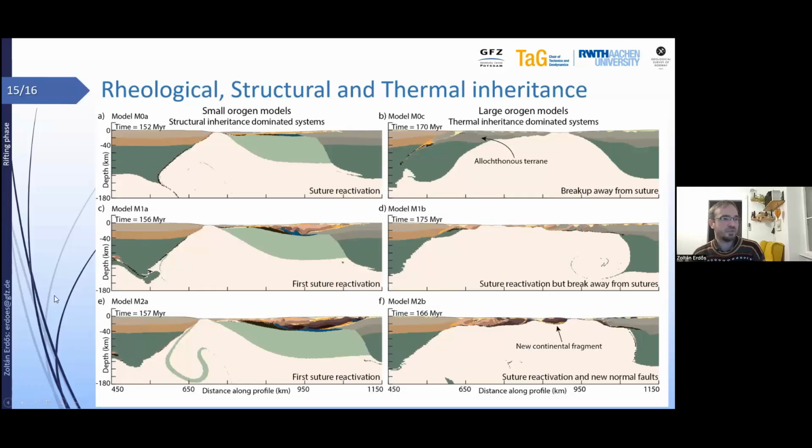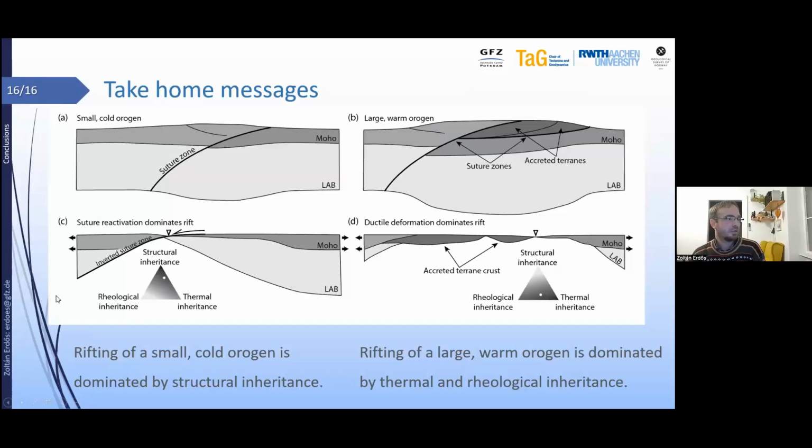And deformation really goes into the previously undeformed lithosphere. So the take-home message really is that rifting of small cold orogens is dominated by the structural inheritance, while large warm orogens is generally dominated by thermal and rheological inheritance.